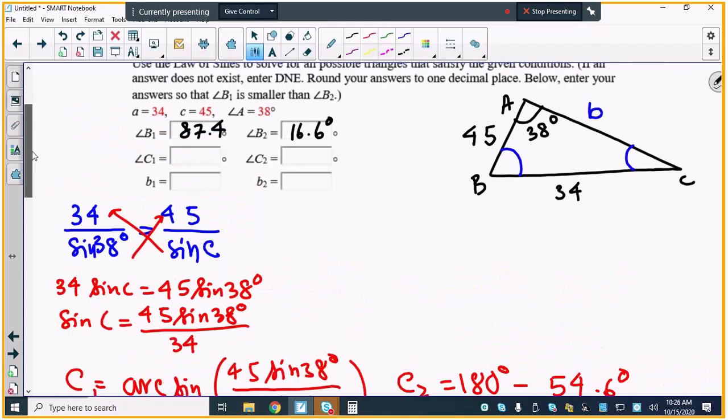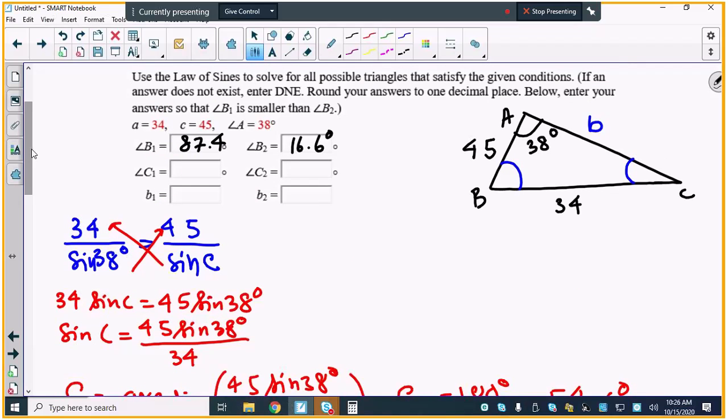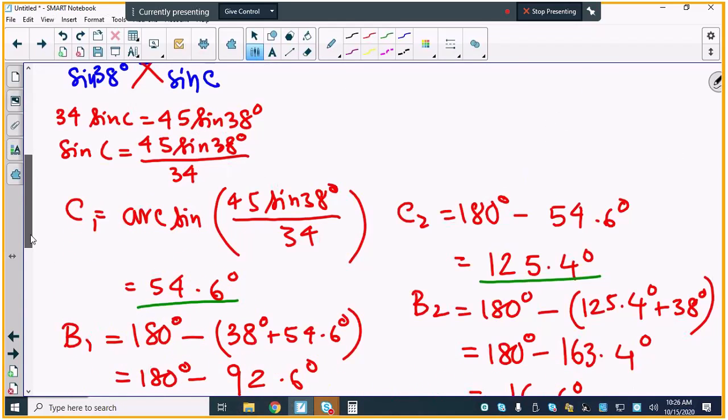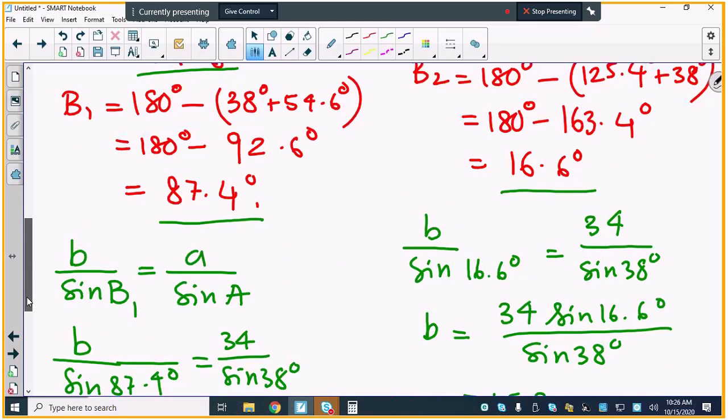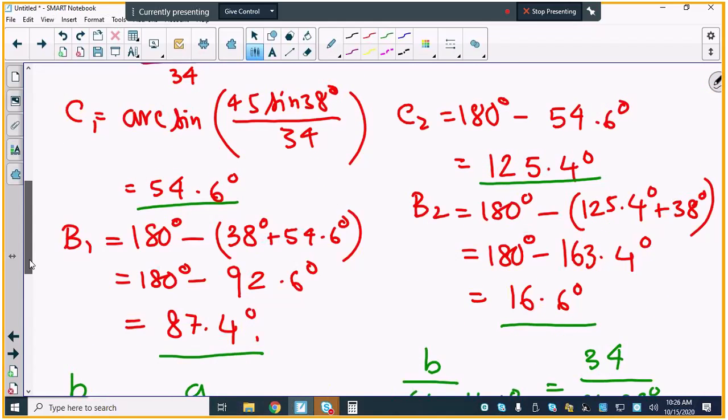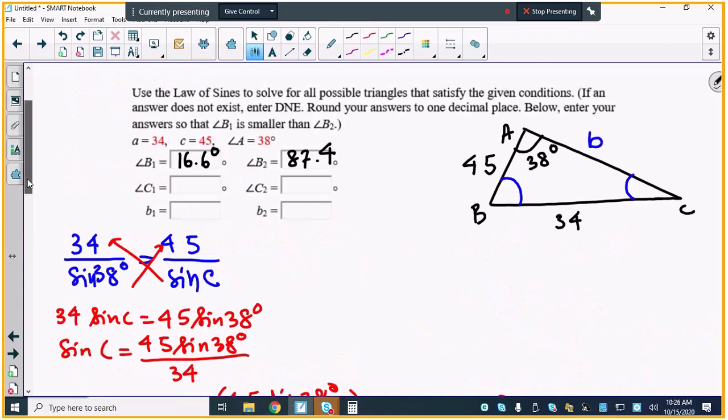I think B1 is the smaller one, so I have to swap those answers. So this one is 16.6 degrees, and B2 is the larger one, which is 87.4 degrees. So let's do the C1, C2 accordingly. C1 is the angle C when 16.6 degrees is the angle B. So it is 125.4 degrees.